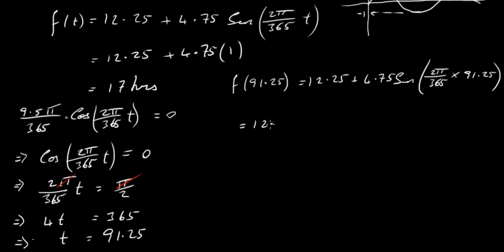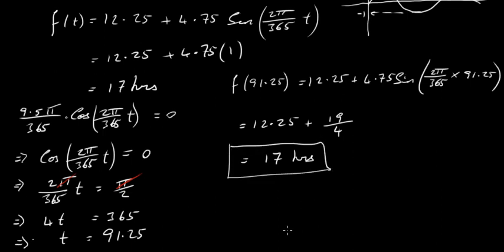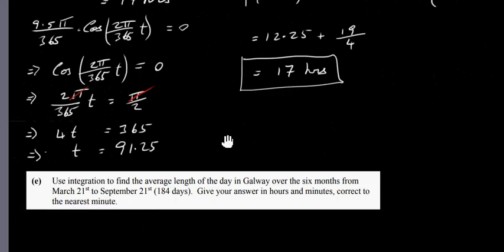That'll give me 12.25 plus, you can do all of this on your calculator, do the sine first, multiply all this out first, get the sine of it, and then multiply your answer by 4.75. You'll get 19 over 4. When you add these two together, you also get 17 hours, which is what we got using the other method. This method is a lot longer, but it's just a different way of doing it.